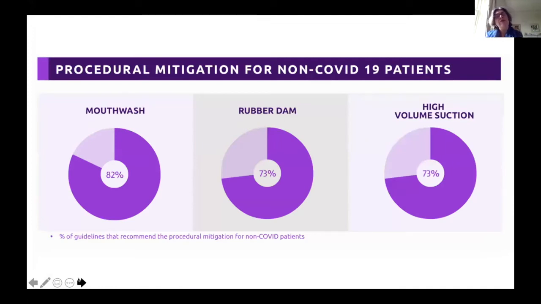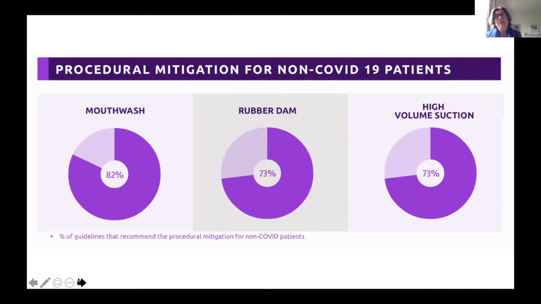There was also variation in procedural mitigation. What was most recommended in these guideline documents was a mouthwash. Interesting, and it's a different story, but the Cochrane team and Cochrane Oral Health working alongside ENT firmly established that there is no evidence for that. As you can see, rubber dam was again recommended, and high volume suction.